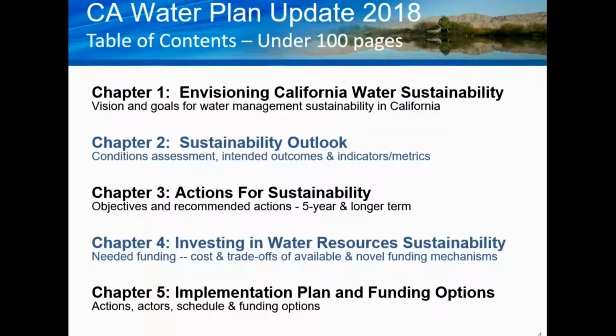Okay. And chapter 2 is a sustainability outlook and kind of goes over the conditions and the assessments, indicators, and metrics of how we define sustainability. Actions for sustainability as well. So this is where we have 5-year recommended actions and some longer term actions as well, but we actually are focused on the first 5 years of this plan.